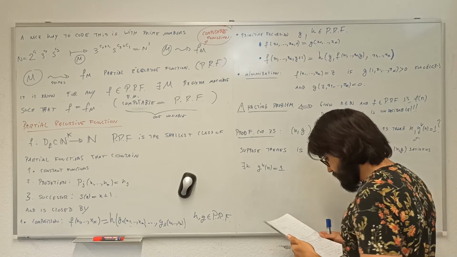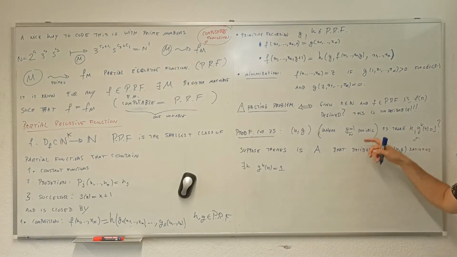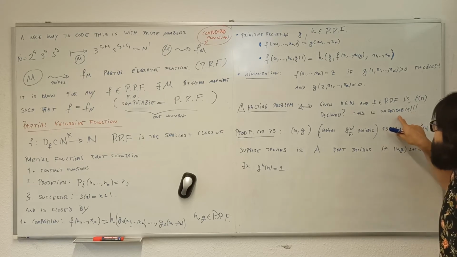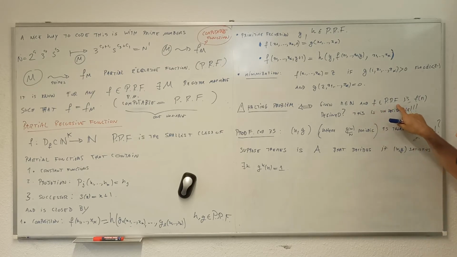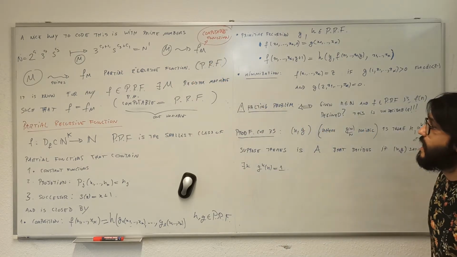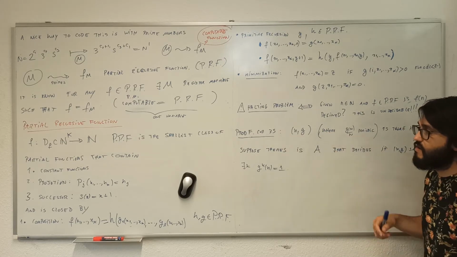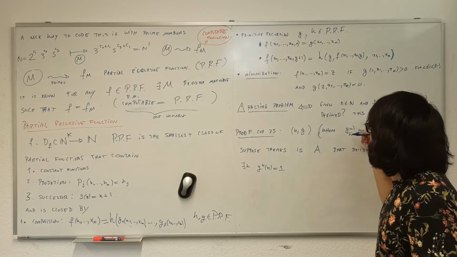I want to show that this is the same as asking that question. Any partial recursive function is computable, and we saw by the theorem before Collatz 35 that I can realize any computable function.